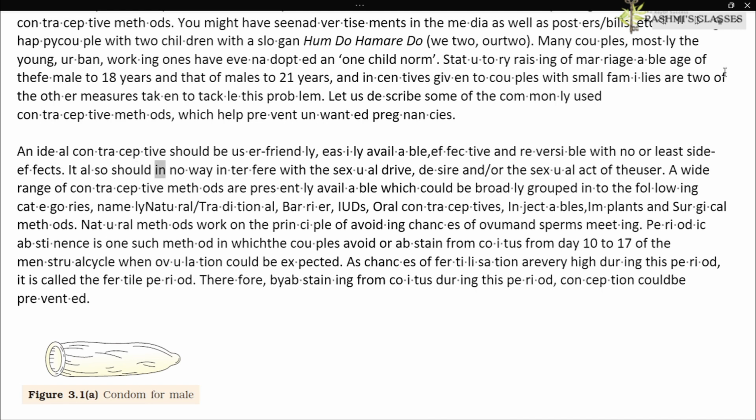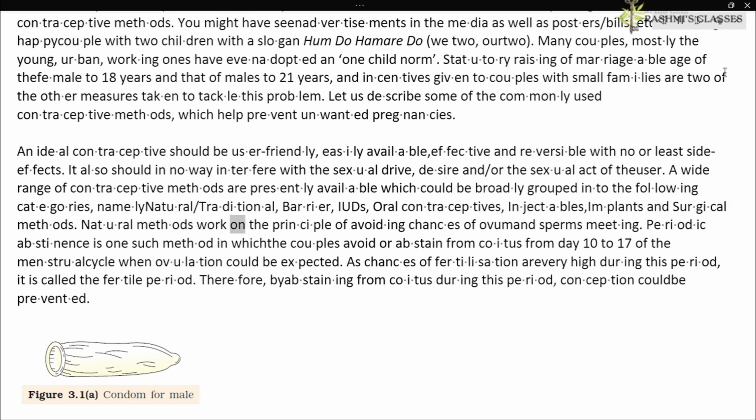It also should in no way interfere with the sexual drive, desire, and/or the sexual act of the user. A wide range of contraceptive methods are presently available, which could be broadly grouped into the following categories, namely natural/traditional, barrier, IUDs, oral contraceptives, injectables, implants, and surgical methods.